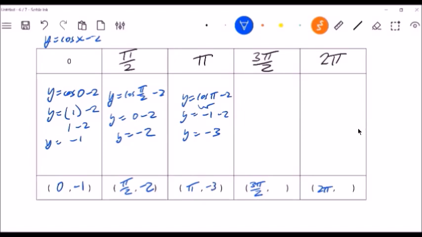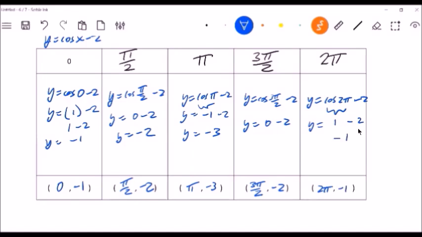Okay. So then we have y equals the cosine of 3 pi over 2 minus 2. At 3 pi over 2, the cosine is 0, so we're at -2 here. Y equals the cosine of 2 pi minus 2, and the cosine at 2 pi is a +1, so y equals 1 minus 2, which is a -1.